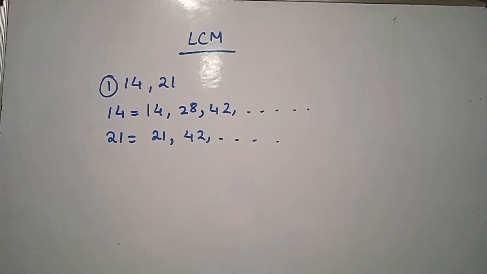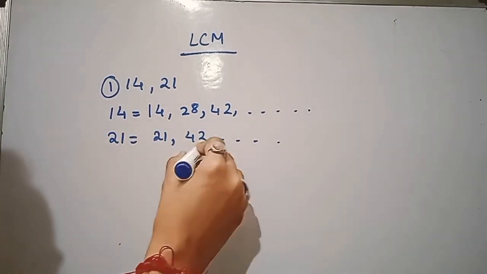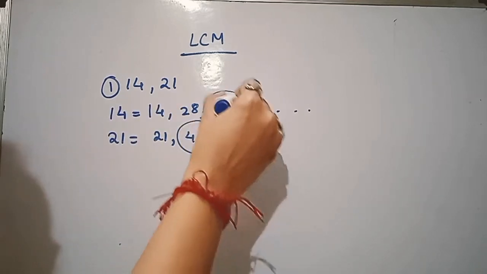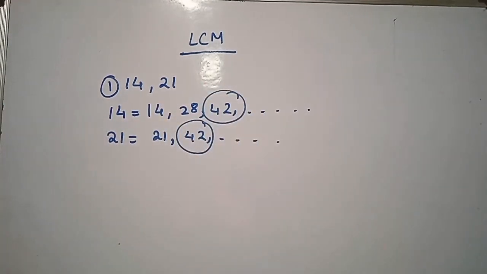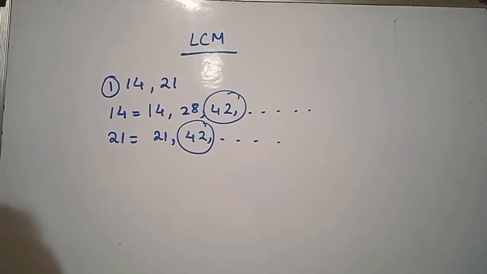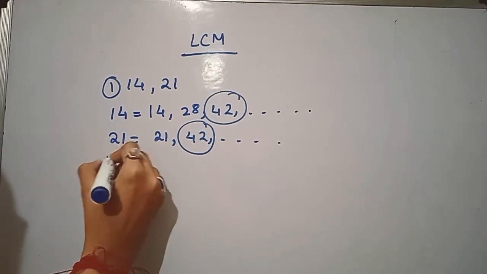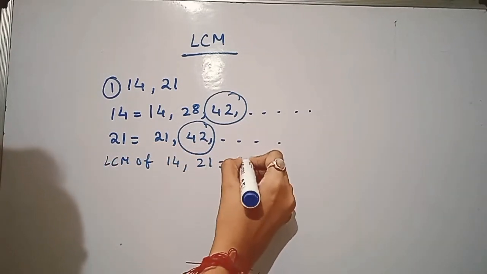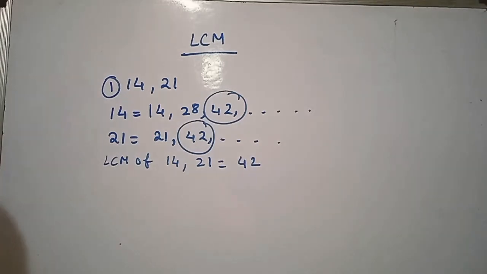As we can see, 42 is in the table of 21 and also in 14. So the common multiple between 14 and 21 is 42, and this is the least multiple between these two. So the LCM of 14 and 21 will be 42. This will be my answer.